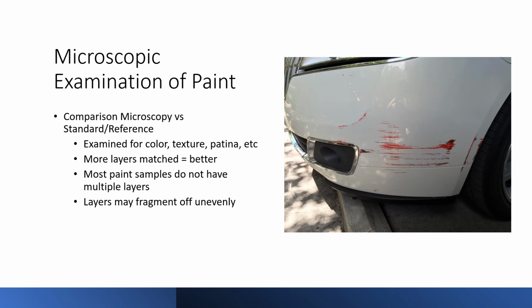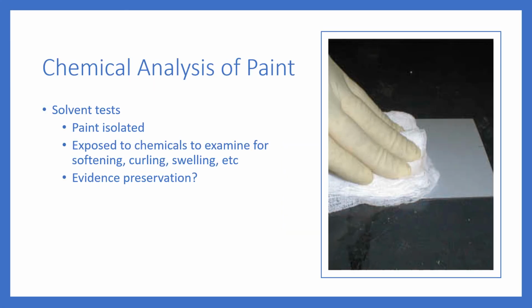The more layers you can match up between samples, the more reliable your assertion would be that they might come from the same place. Keep in mind that layers might fragment off unevenly, so you're not necessarily taking a good, fully, equally deep sample for every collision, or every time you take a sample. You're going to probably want to get a few different samples to have a good representative picture of what was involved.